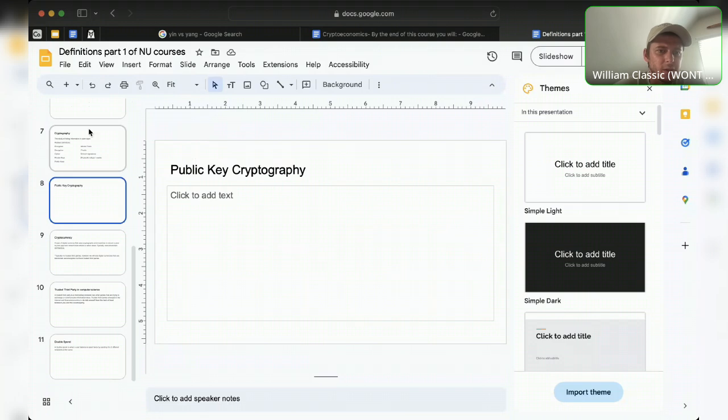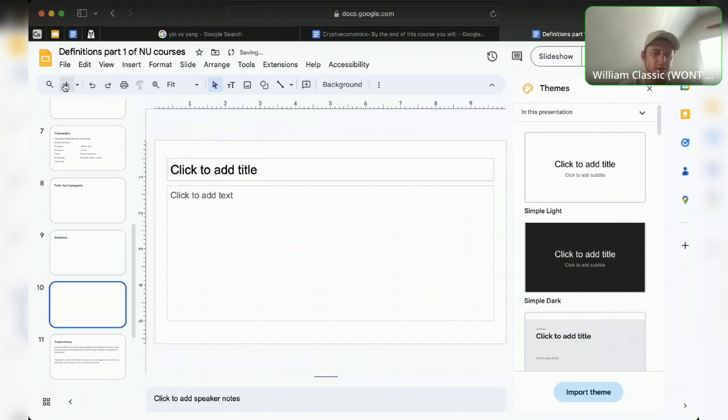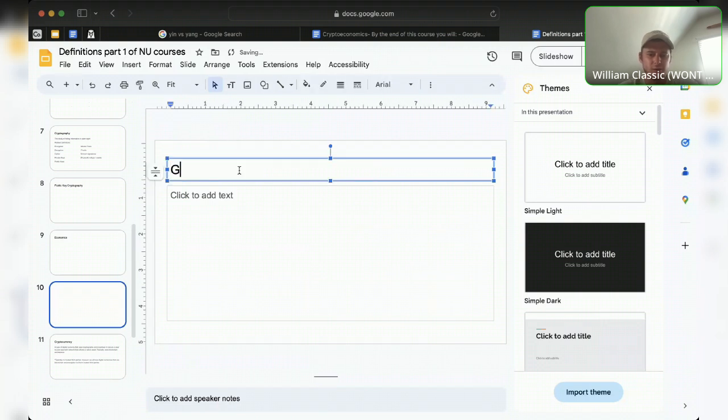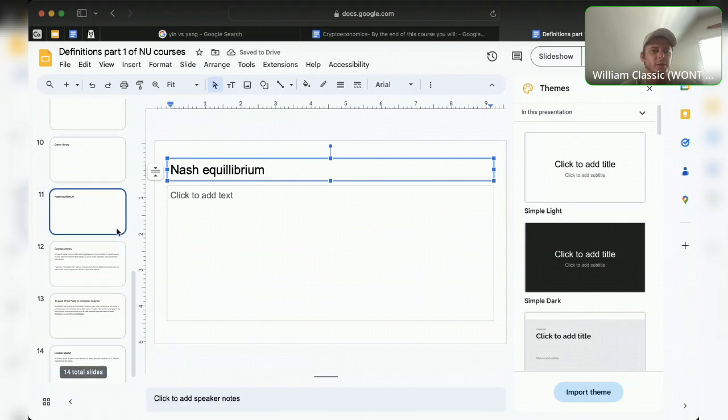Okay, right here we're going to do economics. And then game theory. Nash equilibrium. I swear to God, I'm having fun. Those sighs are just deep breaths.